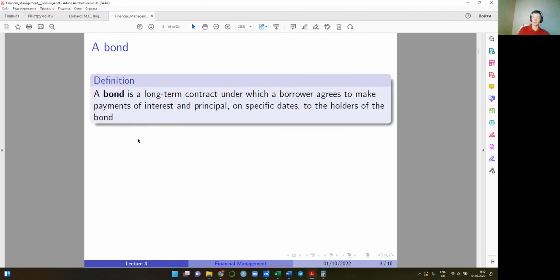Generally, a bond represents a loan, taken by a borrower and provided by the holders of this bond. This is something similar to credit.